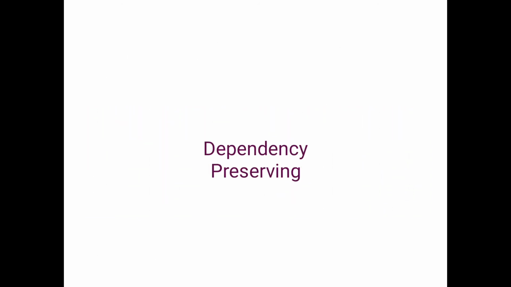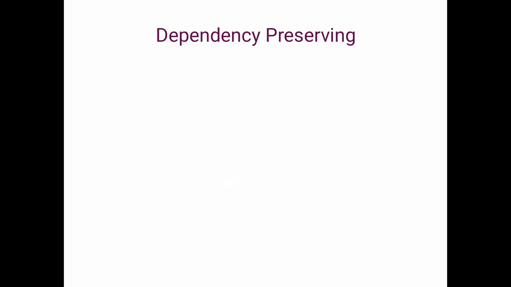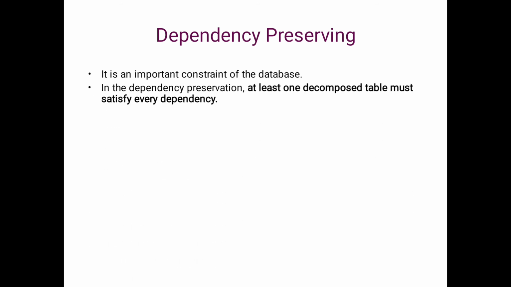Now we will check the dependency preserving. How will we check whether it is dependency preserving or not? Actually it is an important constraint in the relational model, that means in the database model. In dependency preservation, at least one decomposed table must satisfy every dependency. First, please find out the functional dependencies in the original table.